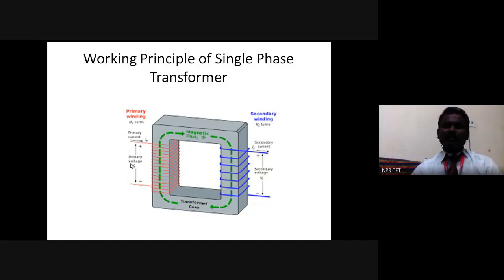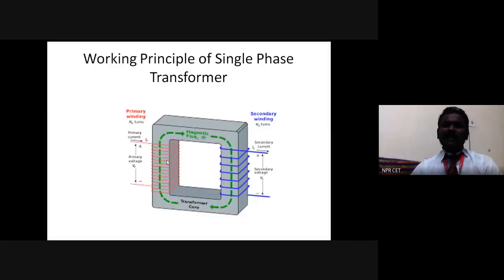The supply voltage leads the magnetic flux by 90 degrees, right? Then the flux cuts the primary winding and EMF is induced in it. That kind of EMF is known as the primary induced EMF, or otherwise we can say the self-induced EMF, right?